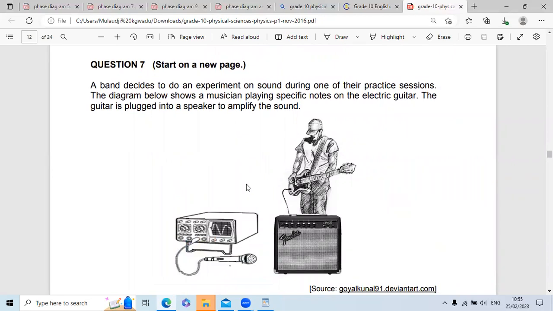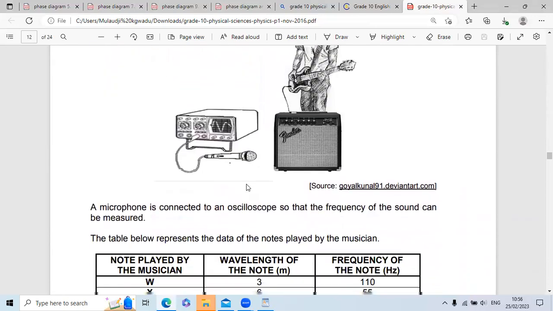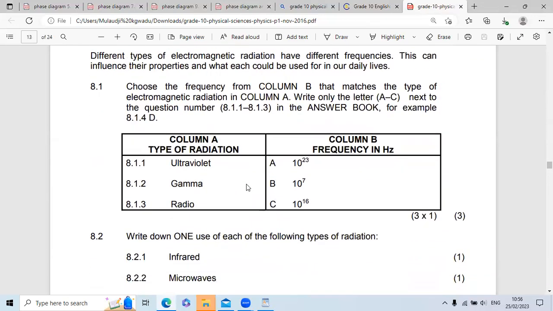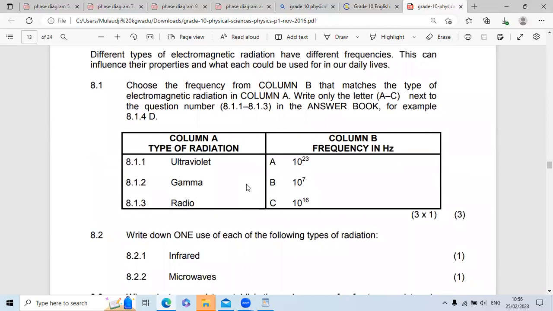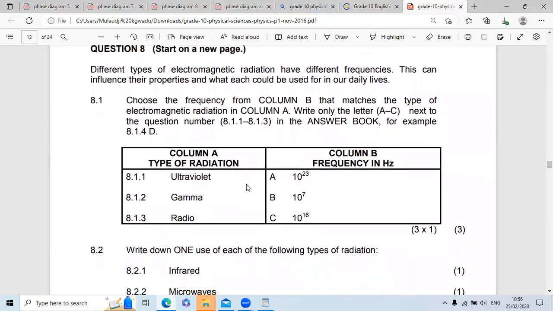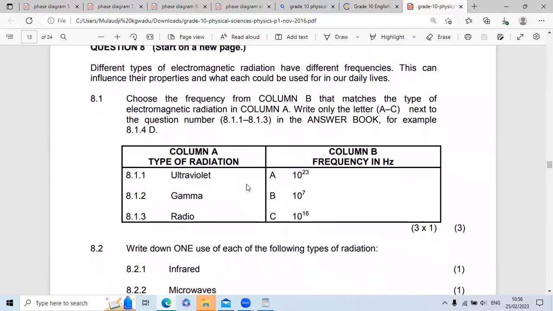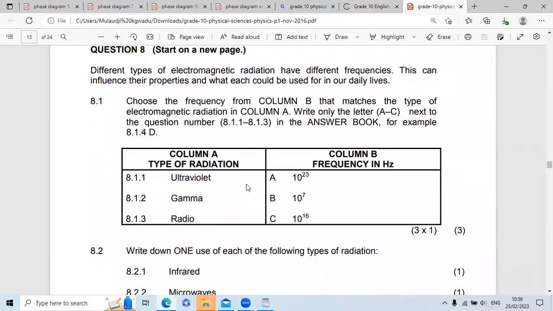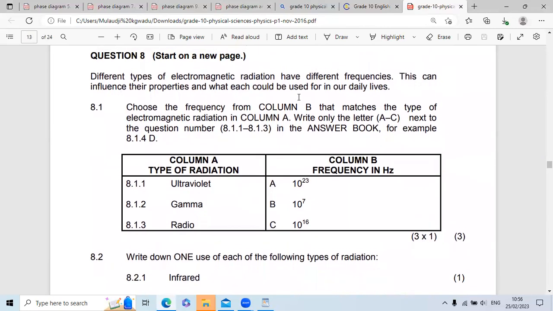So this is a question that's actually based on sound. And this one is still based on the same thing we were doing. So let's actually just do this one first.